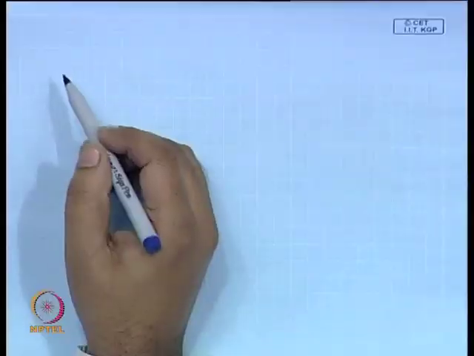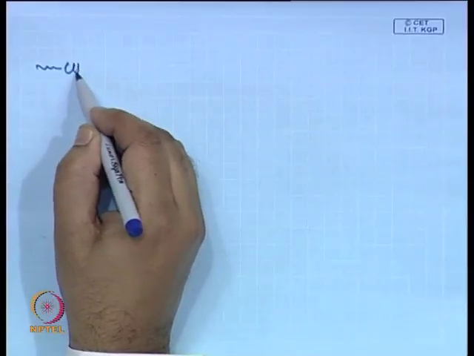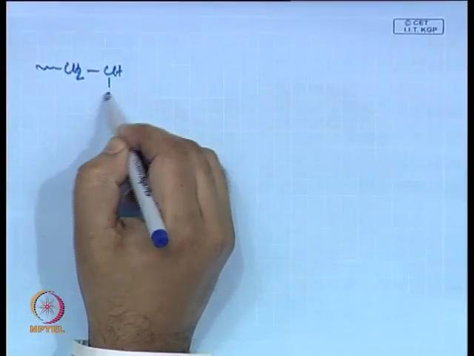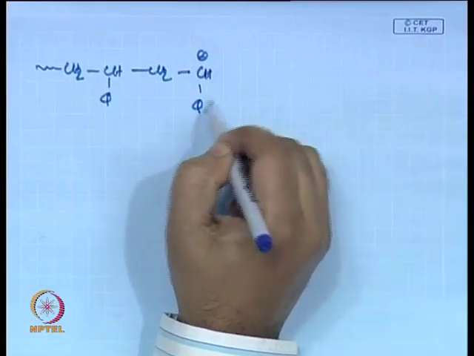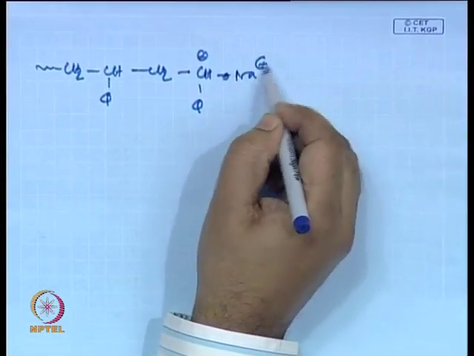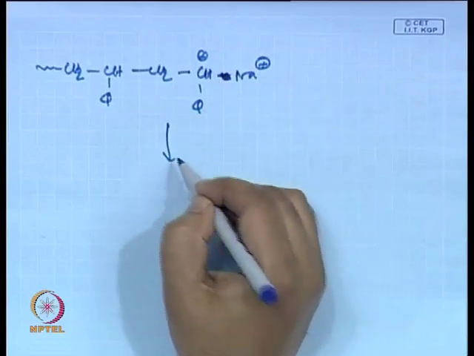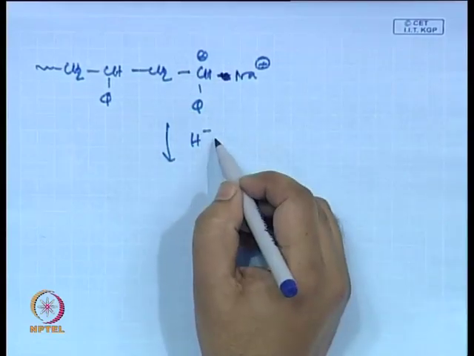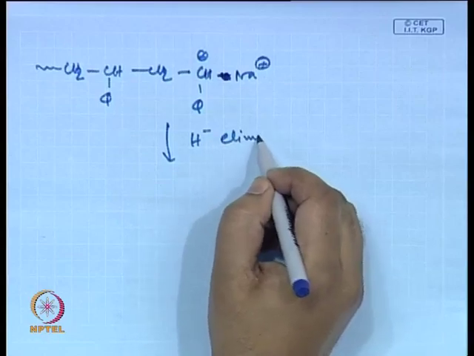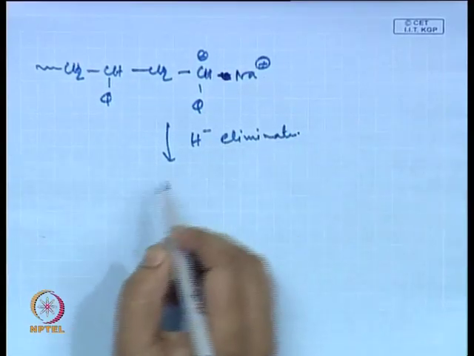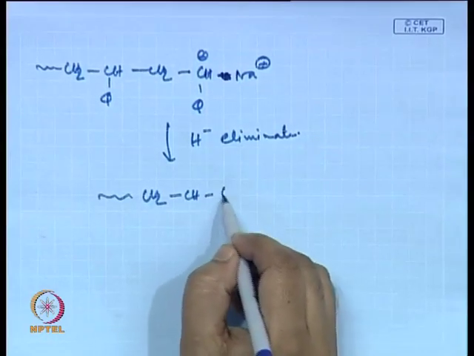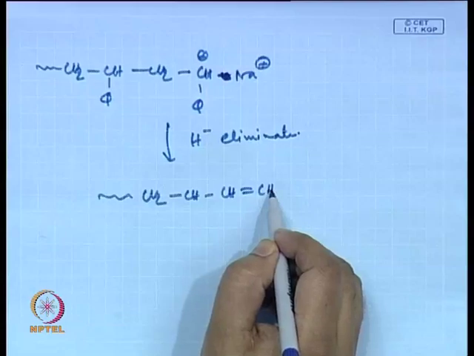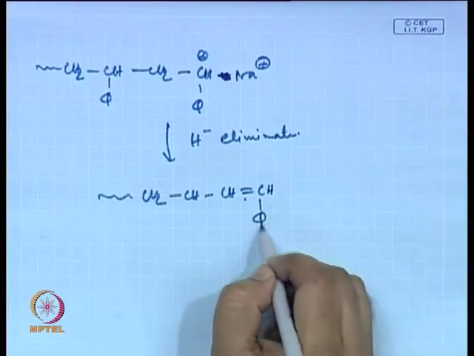For example, if we take this electron transfer initiation reaction of styrene, now you have seen, now you can undergo a hydride elimination and form an allylic end.